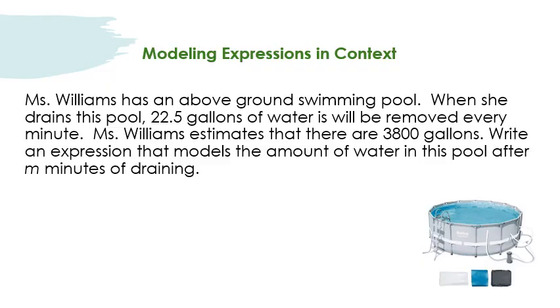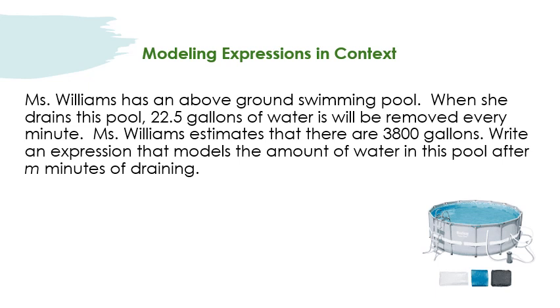So far, we've been examining given equations that model a situation. Sometimes we don't have the given expression, and we have to write the expression that represents the given situation or the context. Here's an example of what I mean. Miss Williams has an above-ground swimming pool.